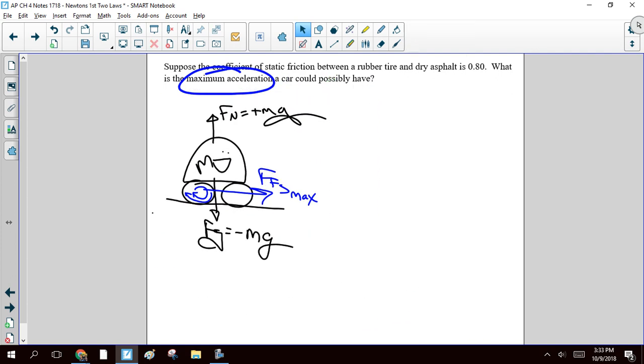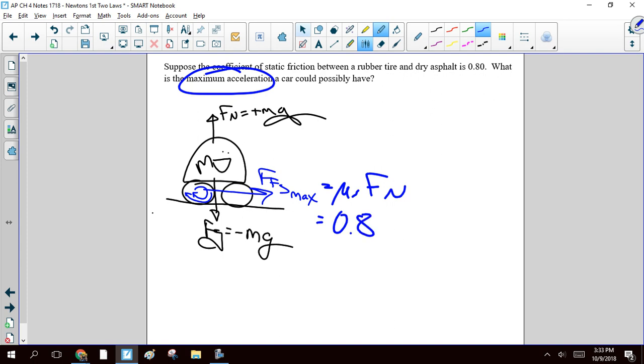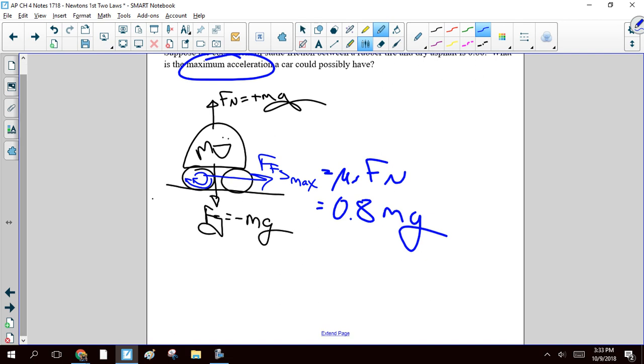So the maximum force of static friction is our coefficient of static friction times our normal force, which is 0.8, and our normal force is mg. All right, and so now we just do net force equals net force, right? So our net force, according to Newton's second law, is mass times acceleration.